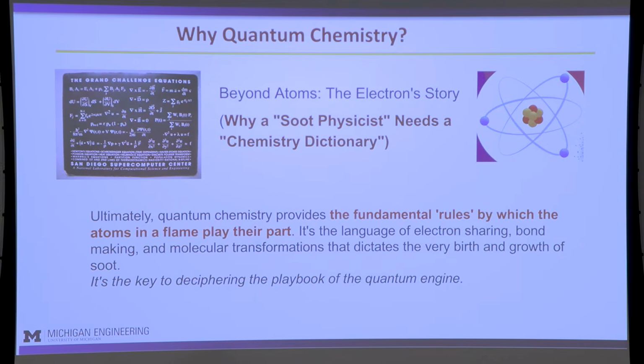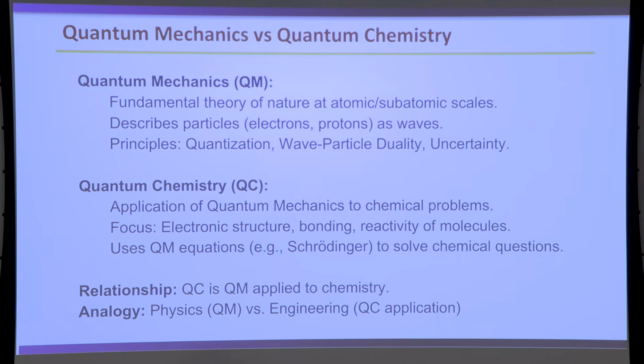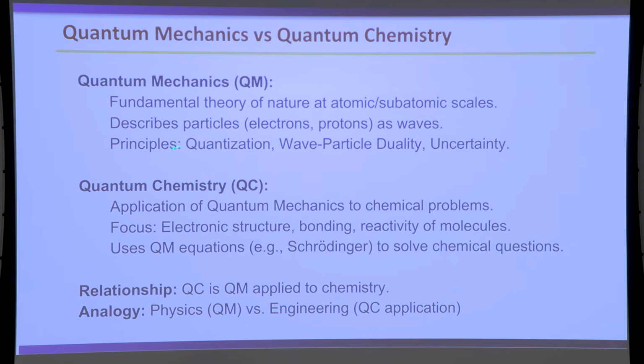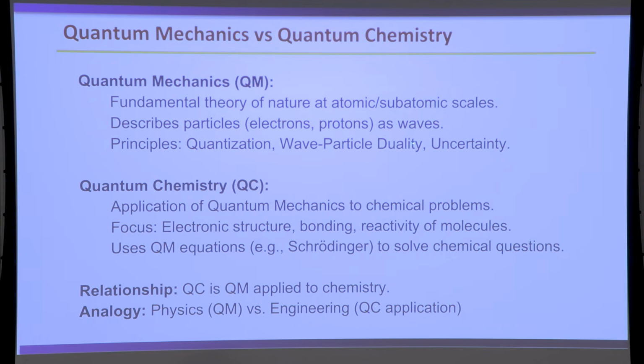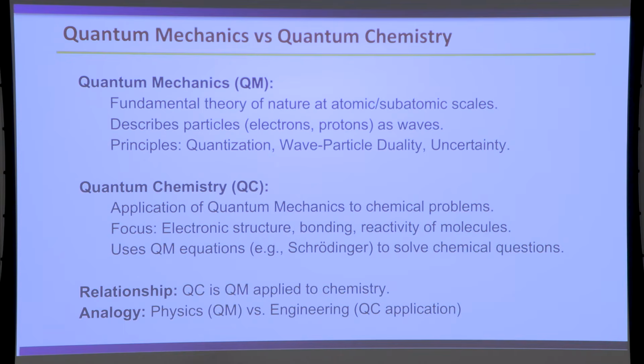So this is an iteration that really gives the fundamental rules by which atoms in a flame play their part. Before I keep going forward, some people use quantum mechanics and quantum chemistry interchangeably, and I just want to clarify the definitions. Quantum mechanics is the fundamental theory at the atomistic scale. It describes particles, the electrons, as waves. The principles are quantization of energy, wave-particle duality, and uncertainty. Quantum chemistry is the application of quantum mechanics to chemical problems.